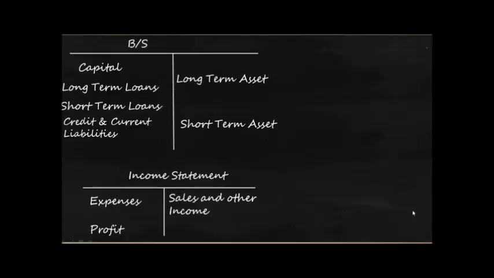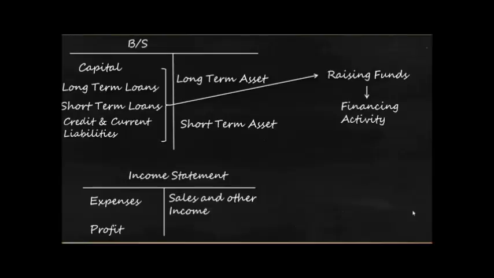Now look at here, all these are called raising funds. Funds have been raised for creating assets to generate sales and profit. So all the liability raising processes are called raising funds, and we can call them financing activity for cash flow analysis purposes.